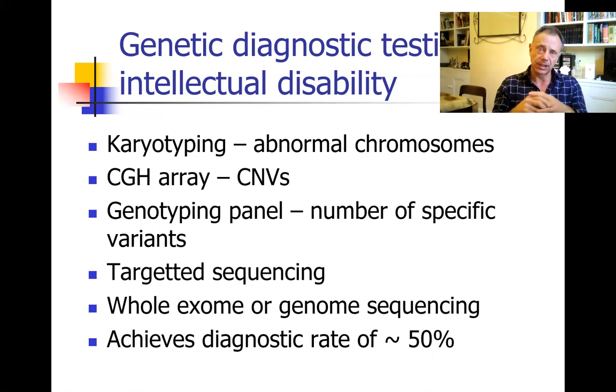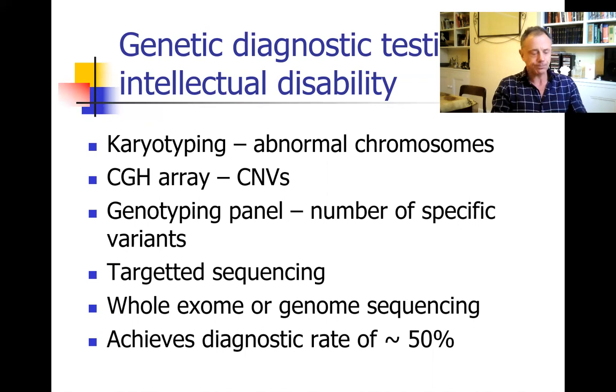And essentially, the success rate for that to eventually turn up some sort of definitive diagnosis is around 50%, which is what's being reported. If you take previously undiagnosed cases and do whole genome sequencing, you can get a plausible genetic diagnosis about half the time.